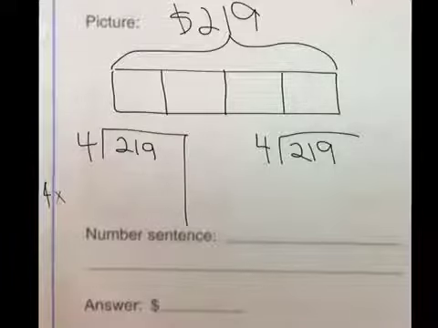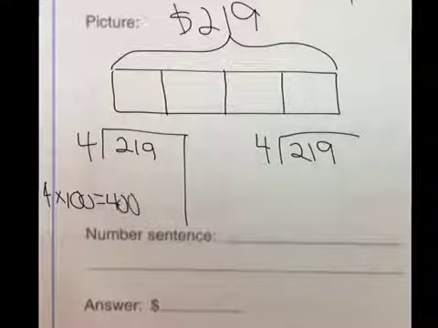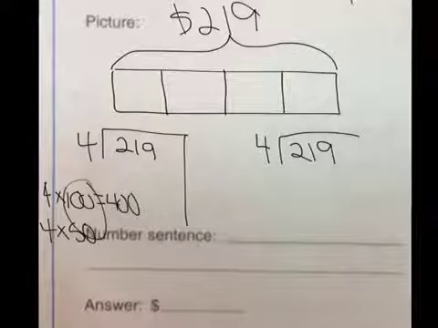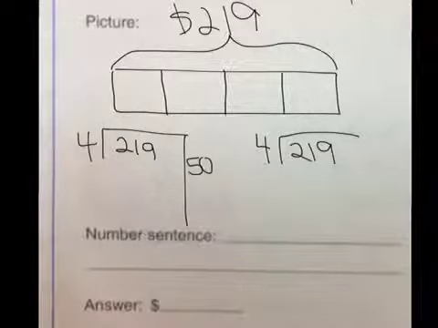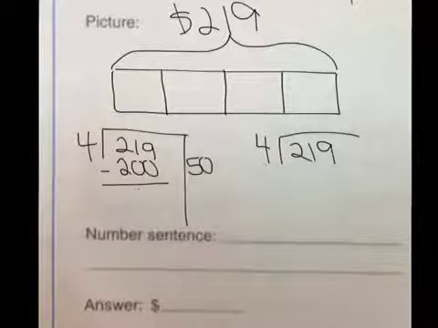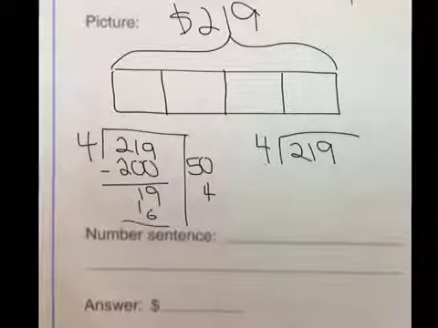But 4 times 50, which is half of 100, equals 200. So there's your partial quotient. Let's try that. Now that equals 200. And then we have 19 left, and we know that 4 times 4 equals 16. And there we have a 3.